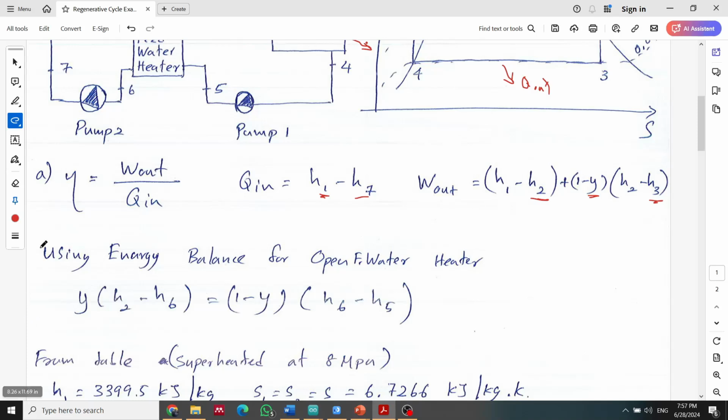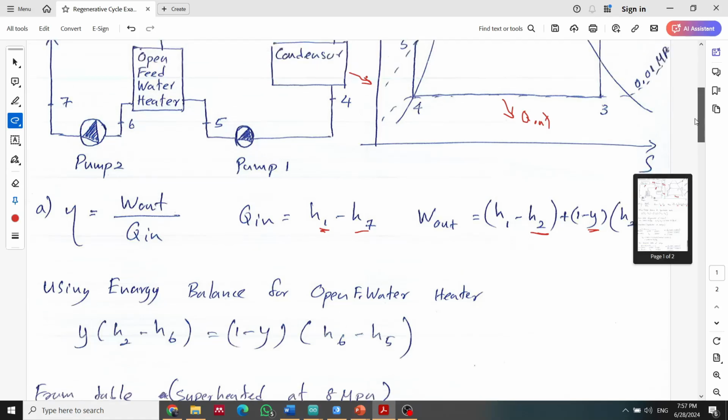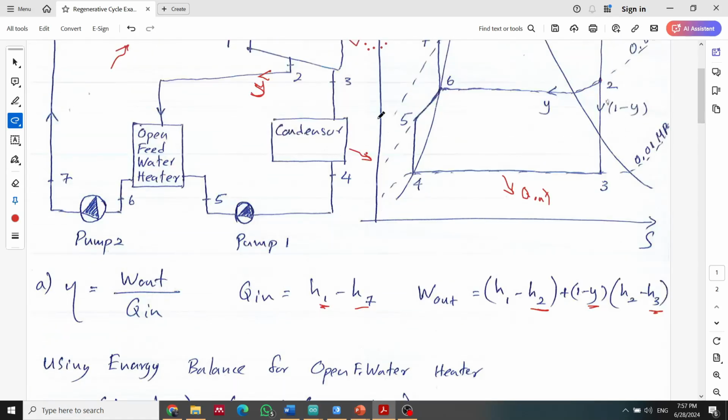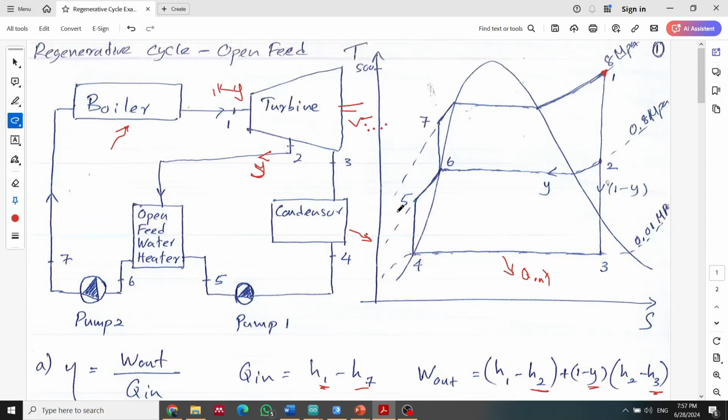So this is our way to approach finding the eta. That means we have to find H1, H2, H3, H4 we don't need, H5, H6 and H7. But of course, to find H5 we need H4 as well, otherwise we can't find H5, because this is a pumping operation.